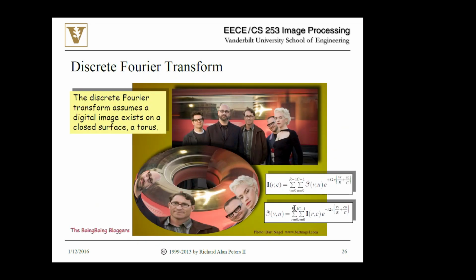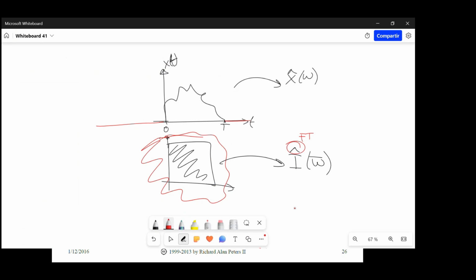What about the discrete Fourier transform? You may remember from the 1D sequence.